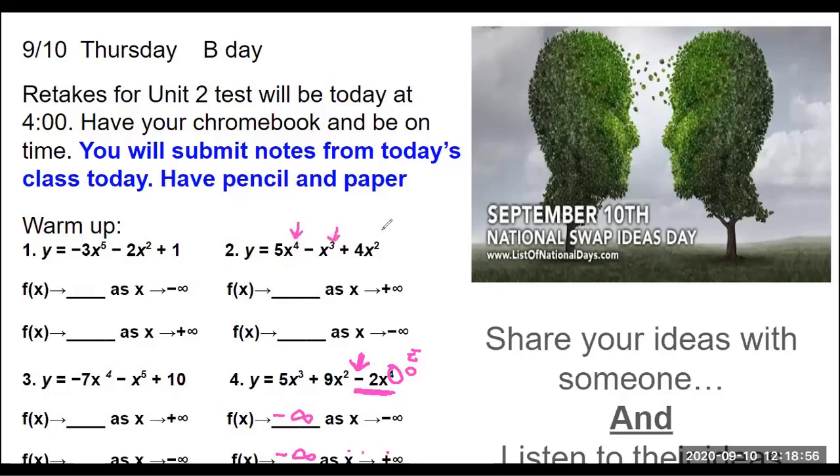So the question about the exponent, and again, only the biggest one, is whether it's odd or even. Coefficients, they can be positive or negative, and that's how I tell.